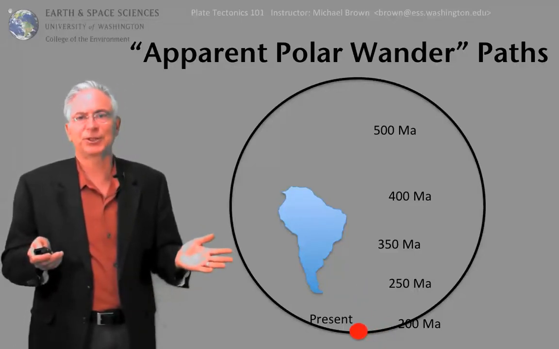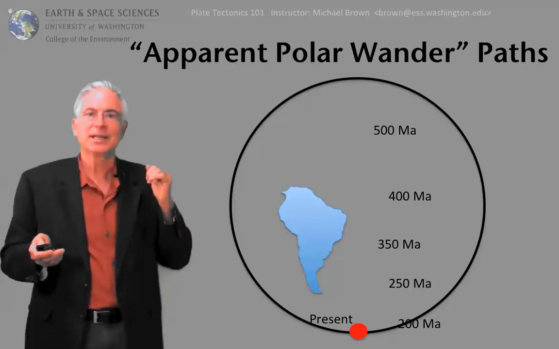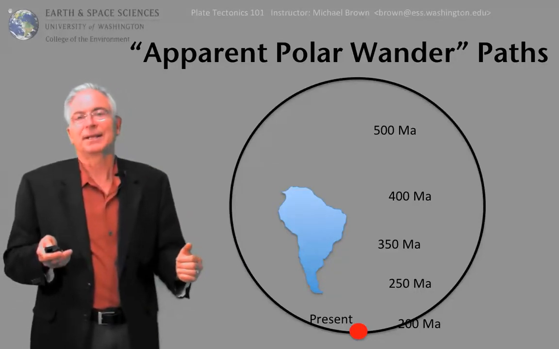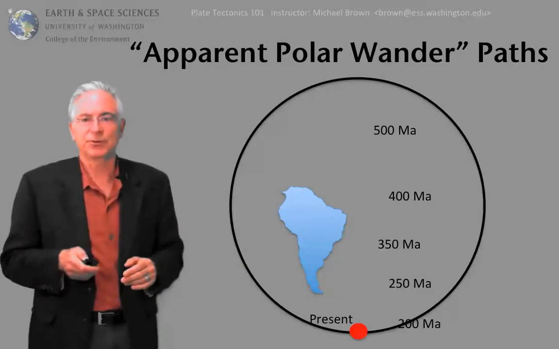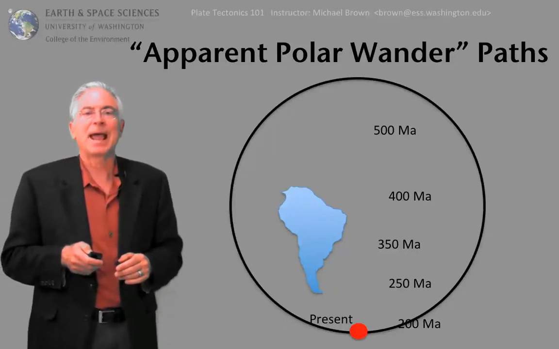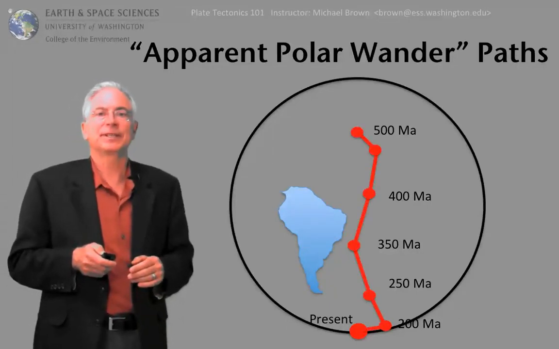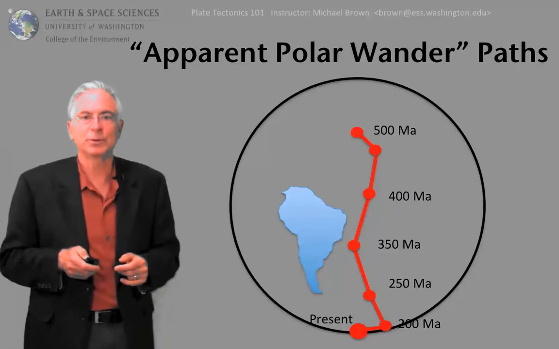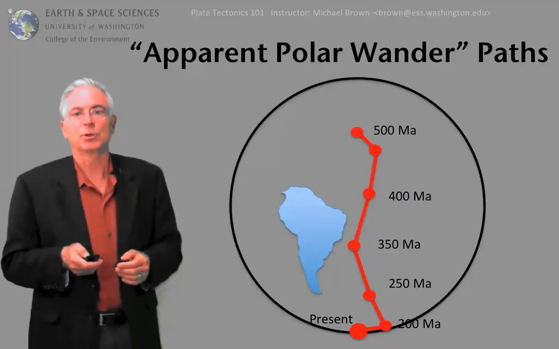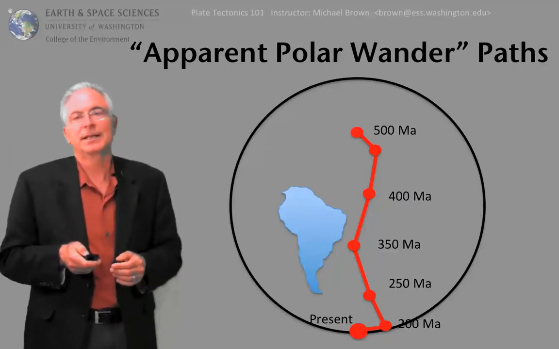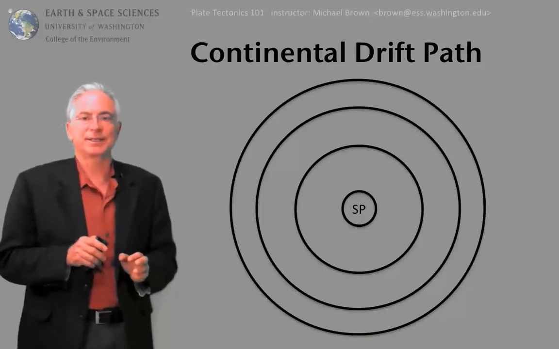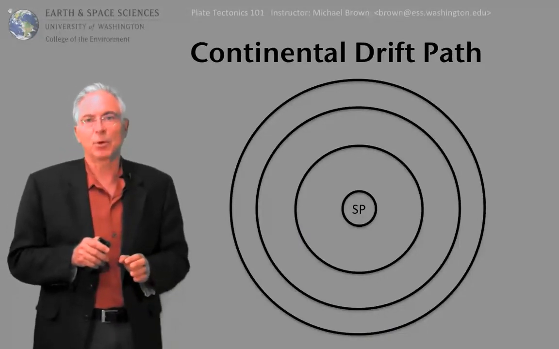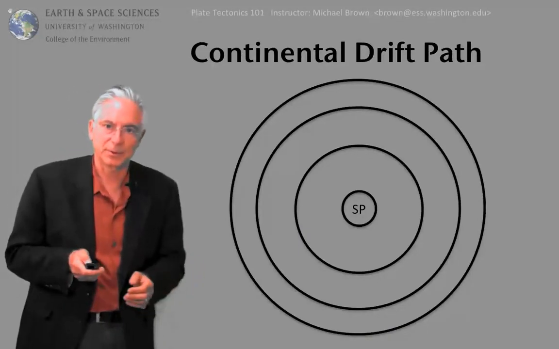So one interpretation at this point is that South America stayed right where it was and Earth's magnetic field kept changing over time. This path linking all the different ages and the location of the poles is called the apparent polar wander curve. Now, the alternative way of plotting this data is to assume that the pole didn't move and it was the continent that moved.